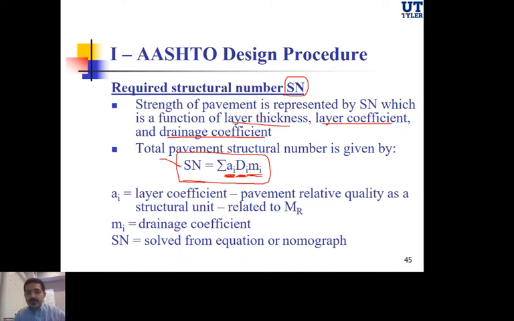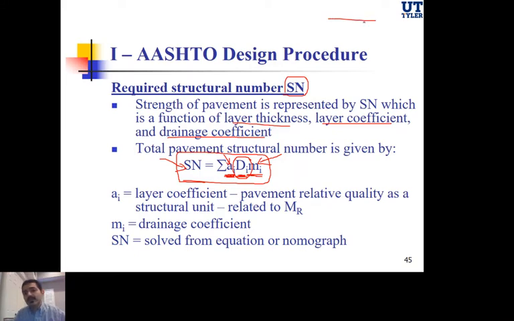So if we get the structural number from the nomograph, and I know the layer coefficient based on what we discussed last lecture, and I also know how to get the drainage coefficient, what's left is what I'm looking for, which is the thickness of each layer. And that's what pavement design is all about.